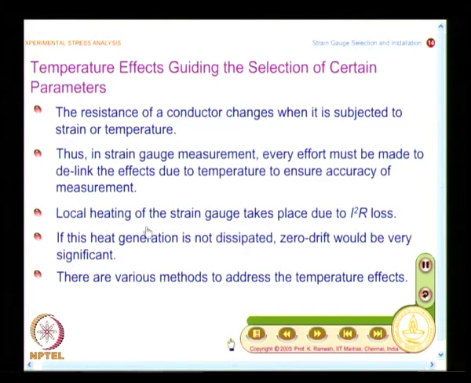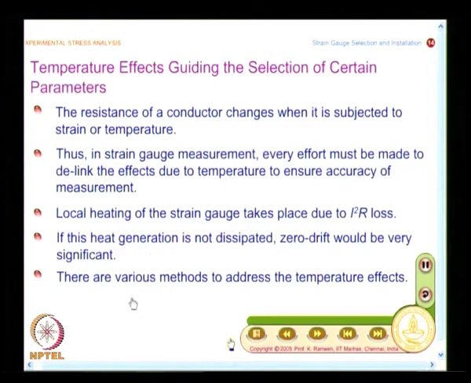You have local heating, and though it is small, whatever heat is generated needs to be dissipated. If you do not dissipate it, zero drift would be very significant in your strain gauge measurement.